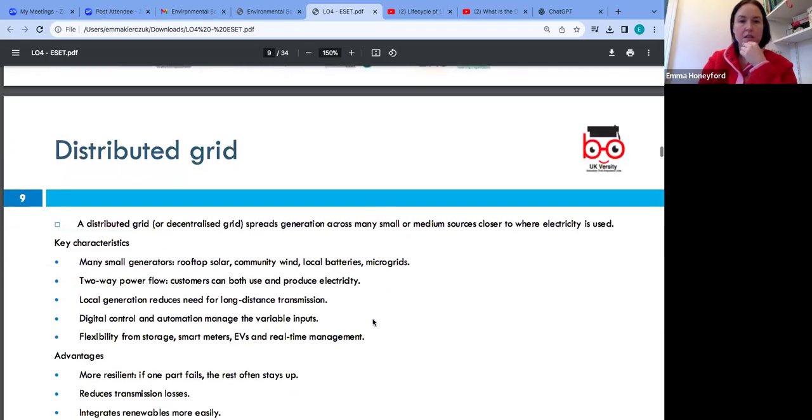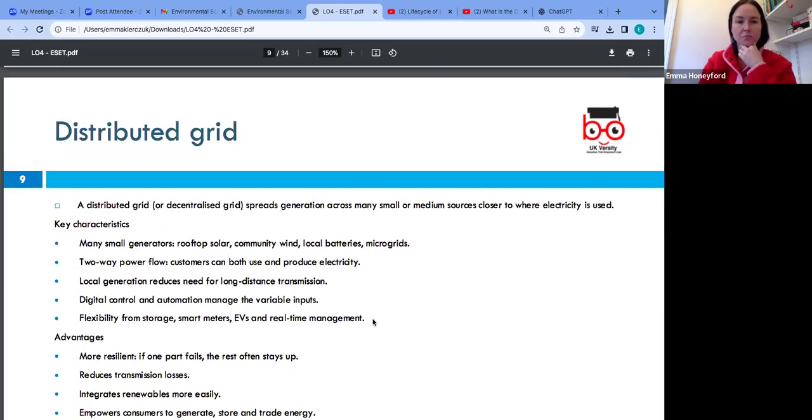In contrast, a distributed grid, also known as a decentralized grid, spreads energy across many different small or medium sources close to where electricity is used. This is seen as being more efficient, because you're able to get energy closer to home.